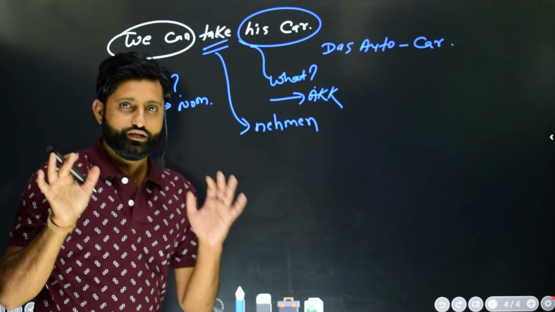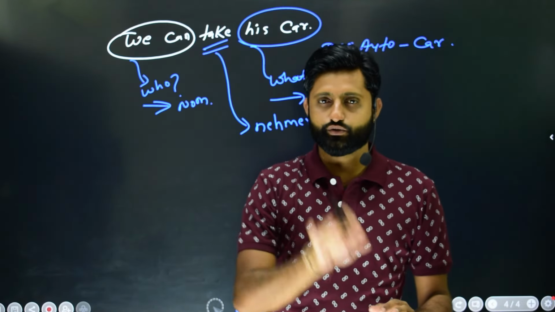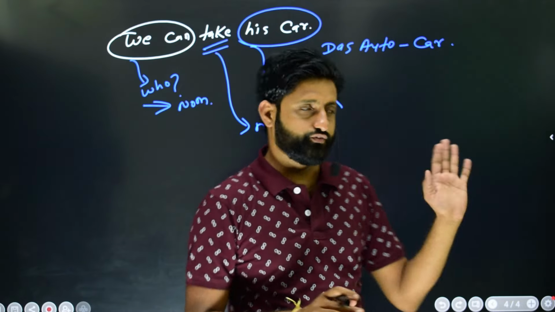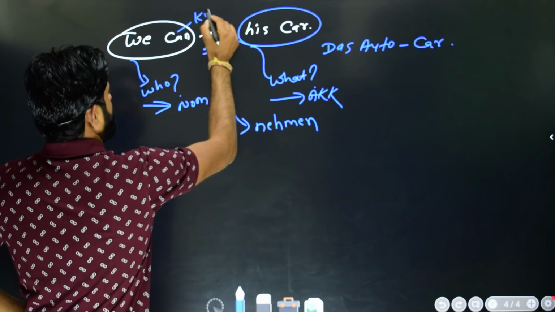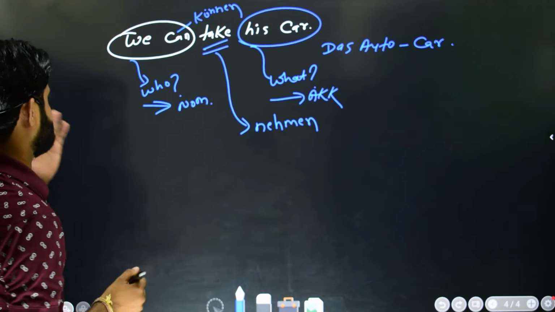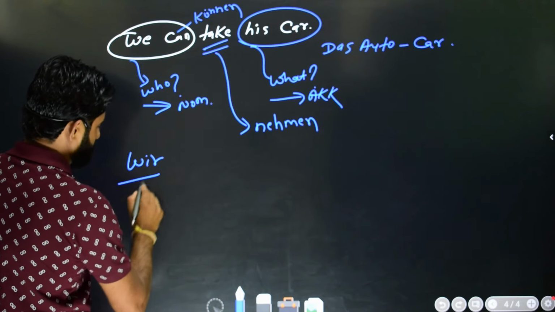So we have already learned how to use the modal verbs. The rule was very simple. Just conjugate the modal verb and bring the main verb to the last position. So this can is the modal verb können. So let's try to translate it. We will be wir, first position.